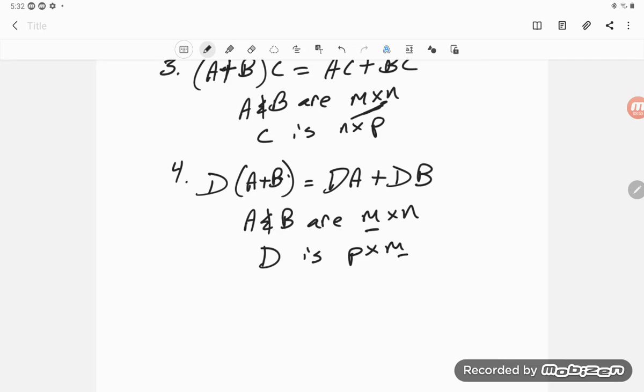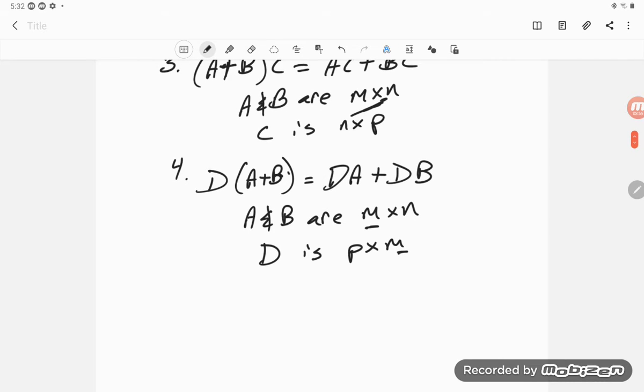So the m's match up because D is on the left, and since D is on the left, the columns of D have to match the number of rows of A and B. Whereas back here, the columns of A and B had to match the rows of C because A and B were on the left. Left and right matter a lot.